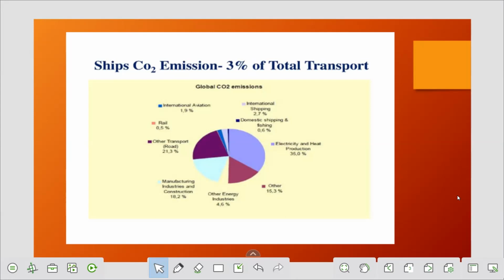I think presently it is about 2%. Even though our share of CO2 emission is very small, IMO has taken this up as a precautionary measure for the shipping industry. We have to address this for the sustainability of the globe.